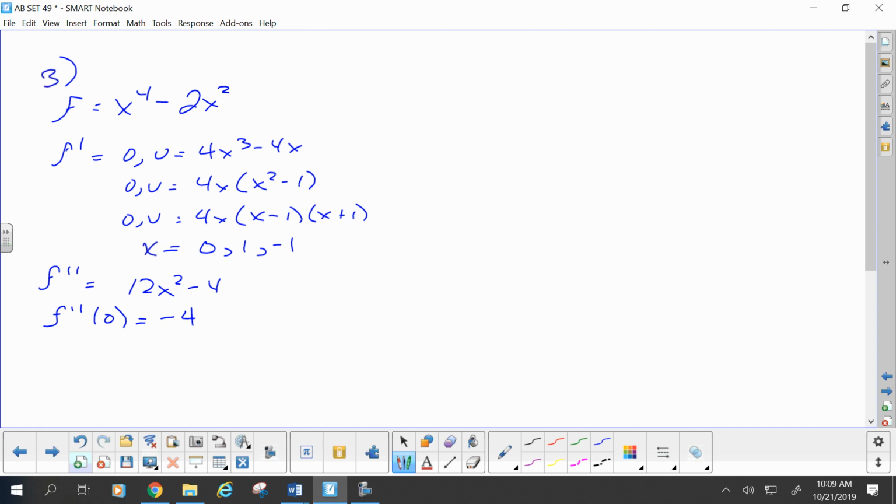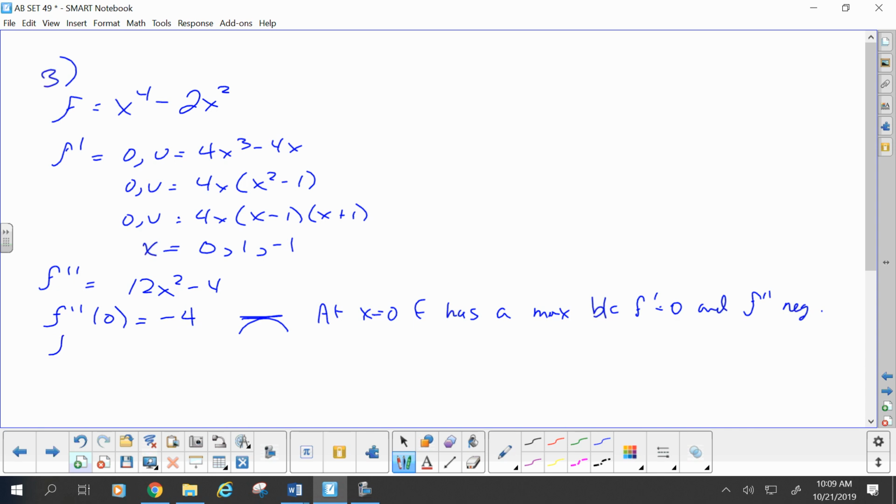Graphically, that means at 0 we have a flat spot with concave down, so we conclude that at x equals 0, f has a max because f prime is 0 and f double prime is negative.